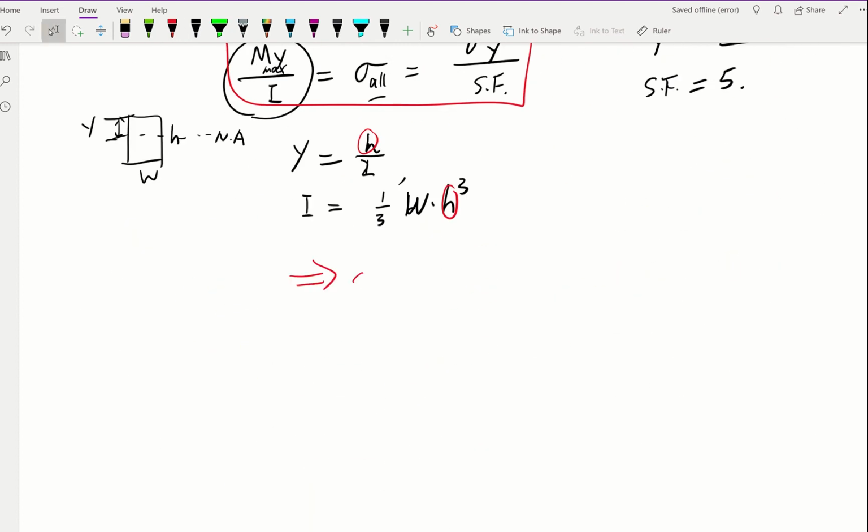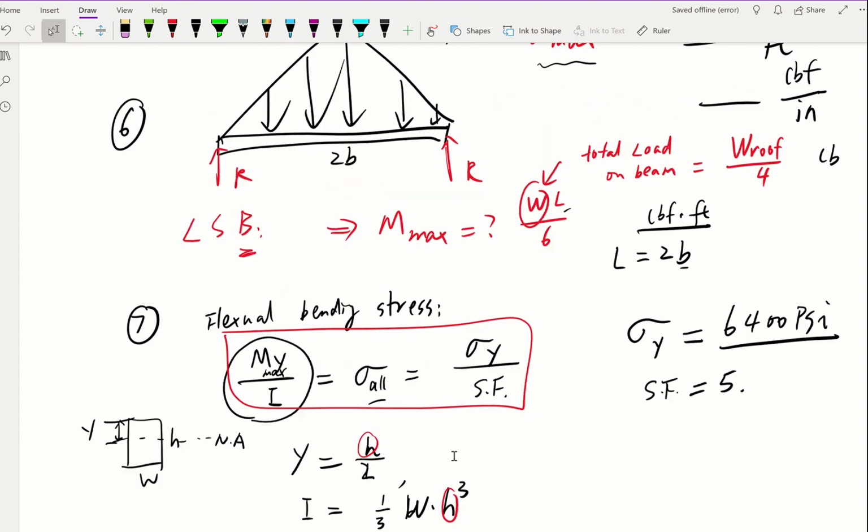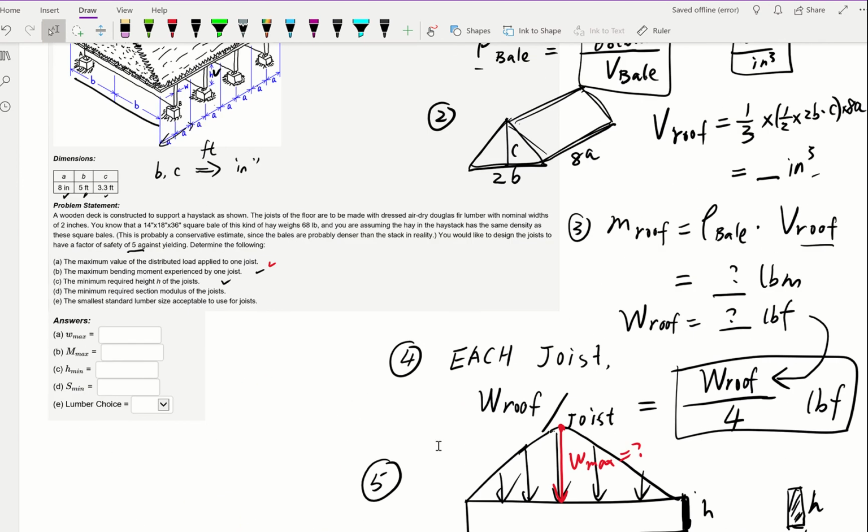So from this, you can go ahead and solve H using this flexural bending stress, because this allowable stress cannot exceed yield strength over safety factor. Then you basically design your joist. You said, okay, for this joist, I have to have a height. This is a minimum height of that, okay? So that's the minimum required height for this joist you just designed.